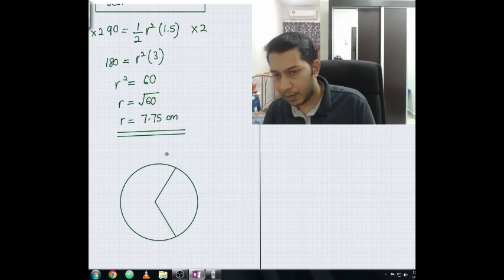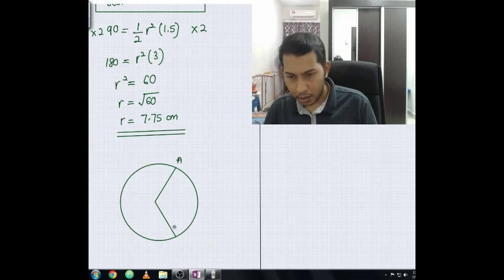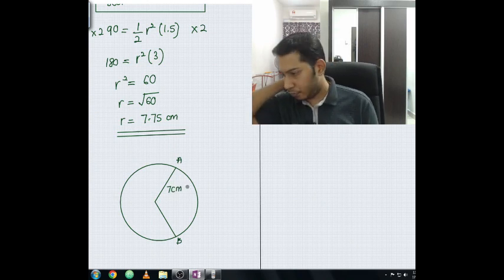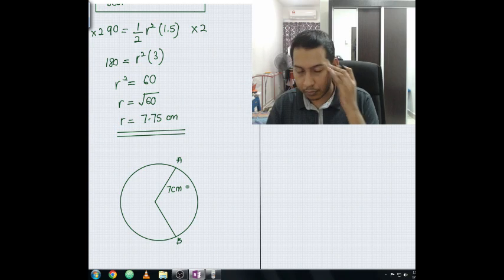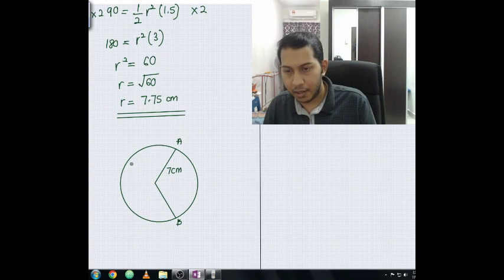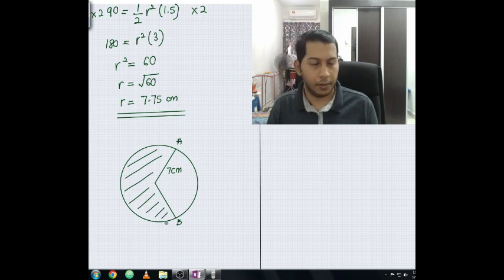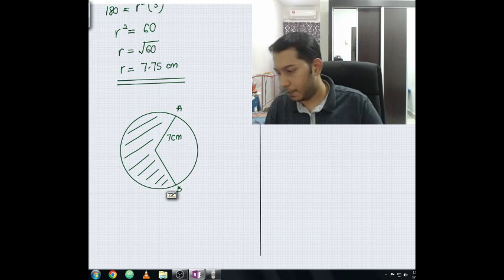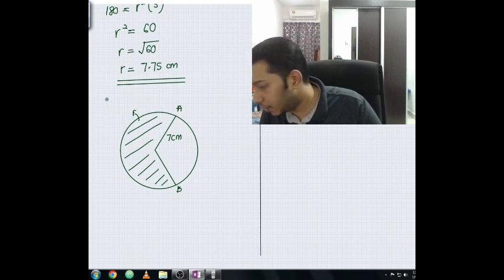Let me label here A and B. The radius is given as 7 centimeter. From here, this major sector we shade it. In the question, the major sector, they already gave us the area, which in this case, let me refer this.